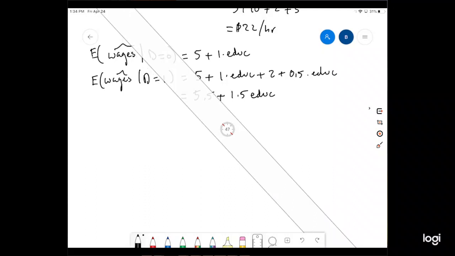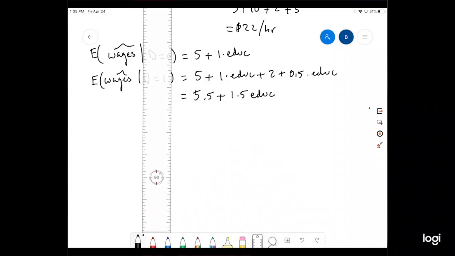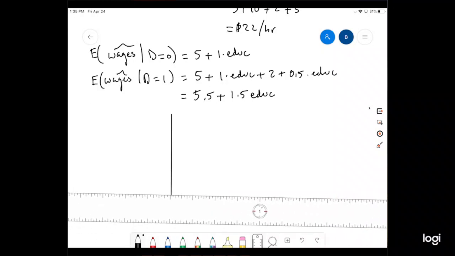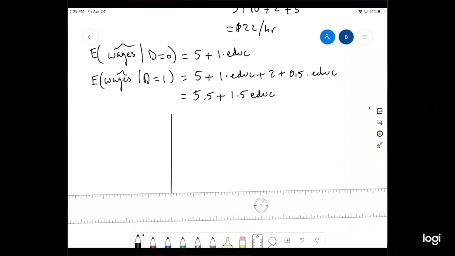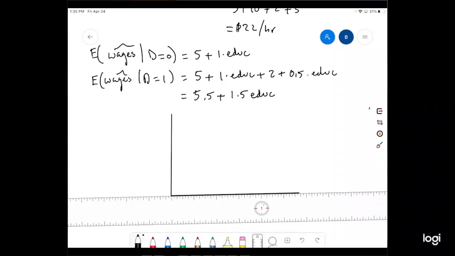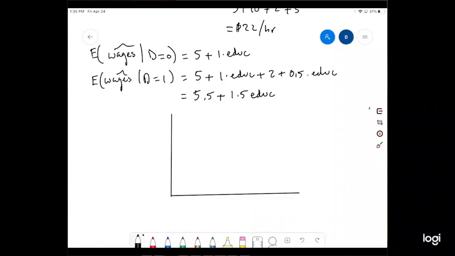Let's do that real quick. Okay, so now we have to label the X and Y axes. So this is wages. This is education. Our intercepts, let's draw the female line first. So our intercept here is 5. Say that's 5. The slope of this line is 1.